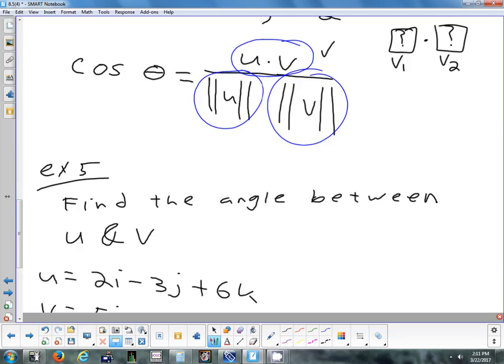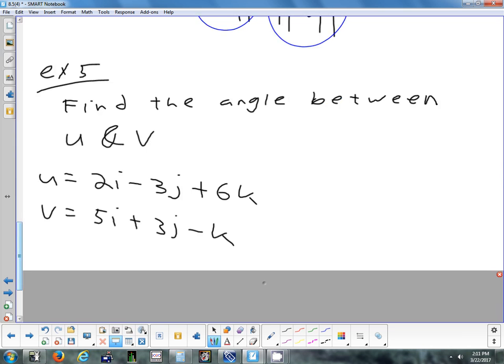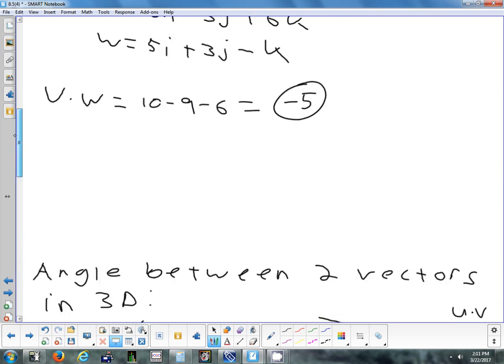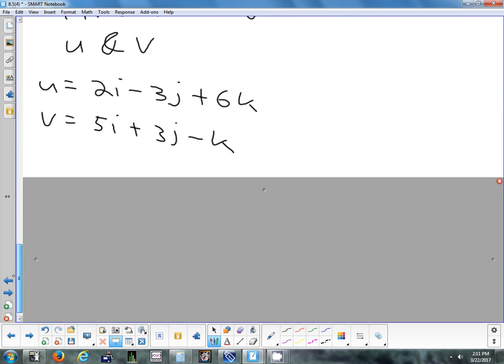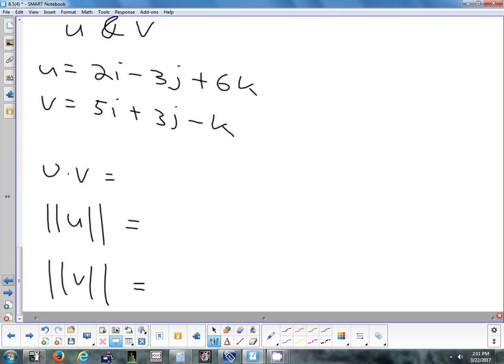Okay, so let's find the angle between u and v. I'm just going to double check, but I think those are the same. 2i, -3, 6, and 5, 3, -1. Yep. So we already got the dot product. What was the dot product? -5. Now I need the length of u and the length of v.